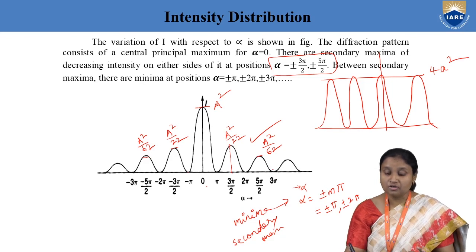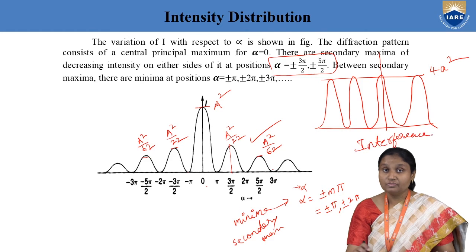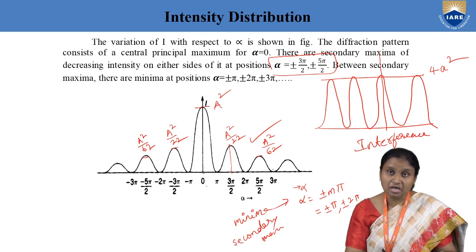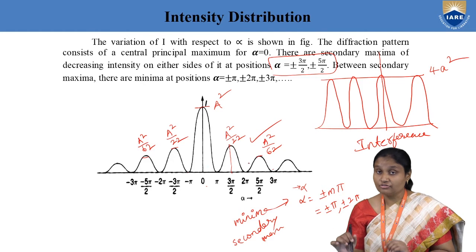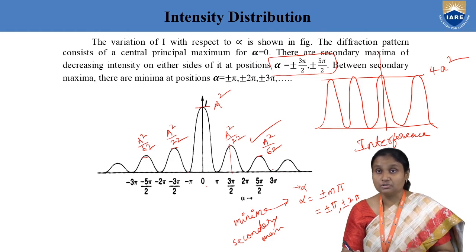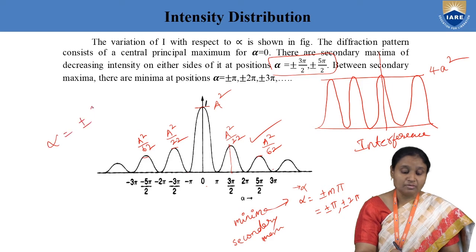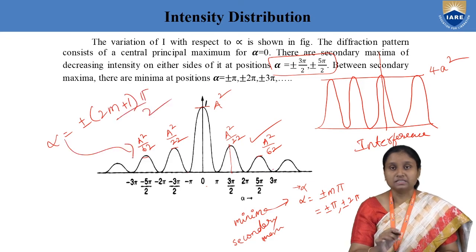This is because of interference and this is because of diffraction from a single slit. So what type of pattern is recorded? I have central maxima at alpha equal to 0, minima at alpha equal to plus or minus m pi, and secondary maxima of decreasing intensity at alpha equal to plus or minus (2m plus 1) pi by 2. These are for secondary maxima.